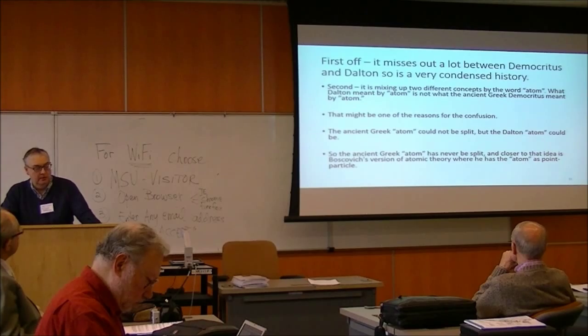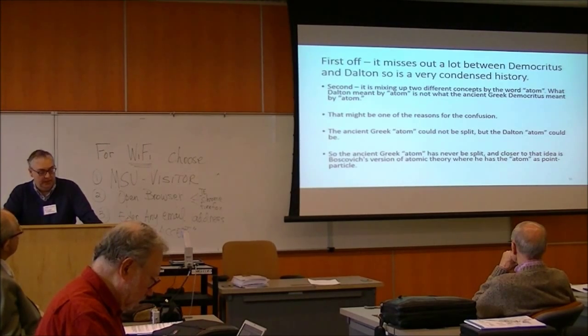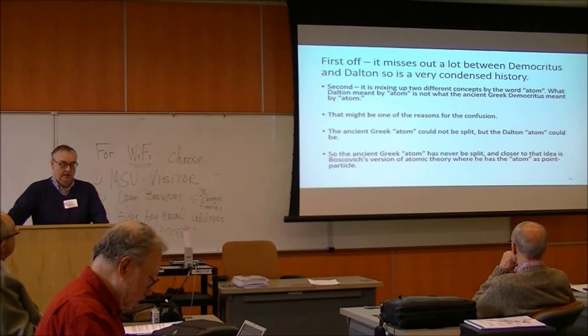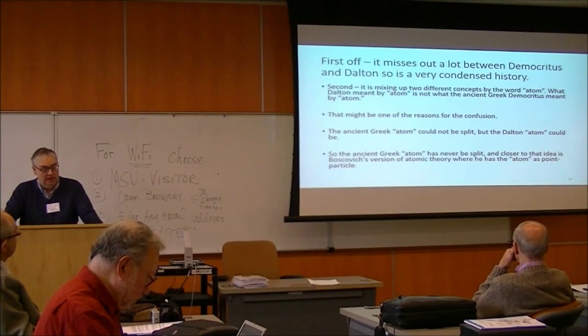First of all, it misses out a lot between Democritus and Dalton. So it is a very condensed history. Second, it is mixing up two different concepts by the word atom. What Dalton meant by atom is not what the ancient Greeks meant by atom. That might be one of the reasons for the confusion.